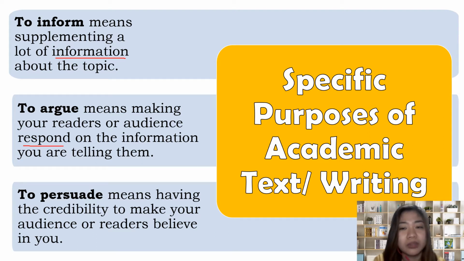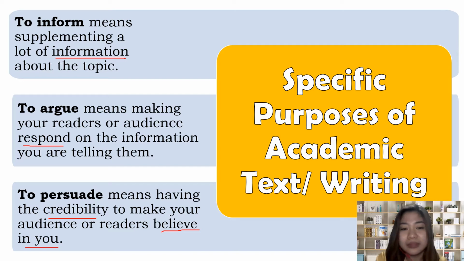Meaning to say, you want them to have feedback on what you are talking about or in what you are implying. And then to persuade means having the credibility to make your readers or audience believe in you. Meaning to say, you want them to believe in your stand or you want them to believe in what you are talking about. Okay?